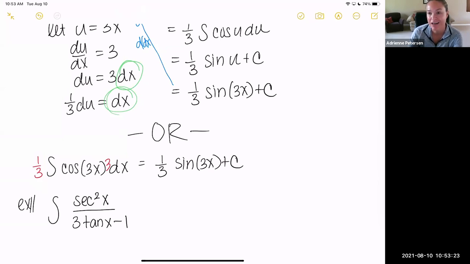We need to identify what's the inside function. What should we let u be? Now, the giveaway is that once we figure out what u is, we also need to see the derivative of u in our integrand. I forgot my dx here, sorry. We also need to see the derivative of u. Okay, so you kind of have two options, right? Either secant squared of x or 3 tangent x minus 1. So think about that for a second, and then tell me what you think I should let u be.